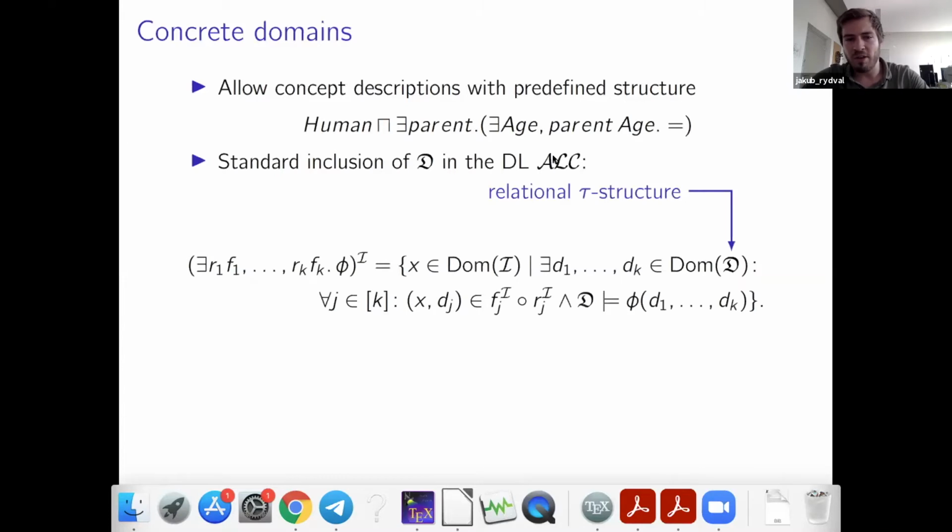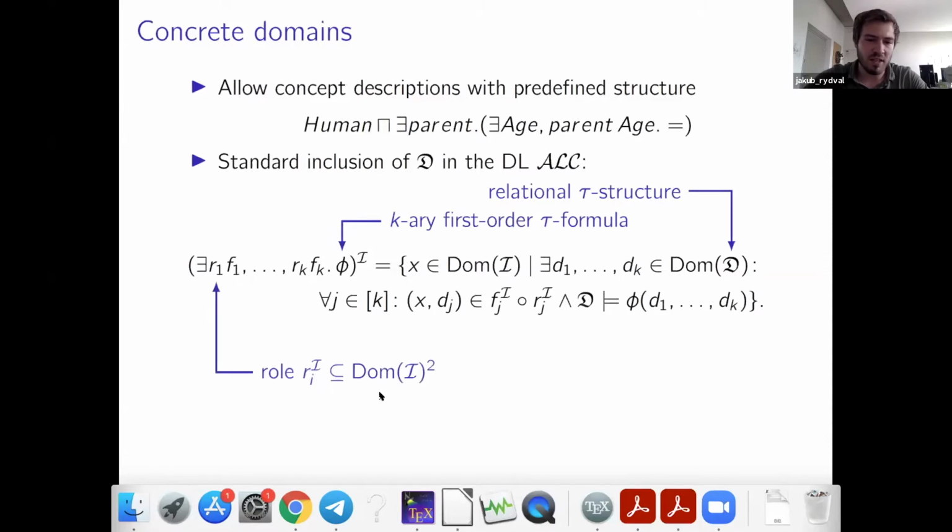From a mathematical point of view, a concrete domain is a relational tau structure. That means a set of elements together with some relations that can be accessed by symbols from a given signature tau. And in our concept constructor here, we also have phi, which is a k-ary first-order tau formula, which means that the signature is the same as the one of the concrete domain.